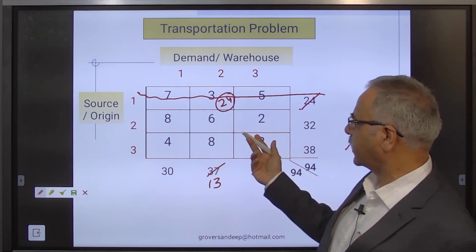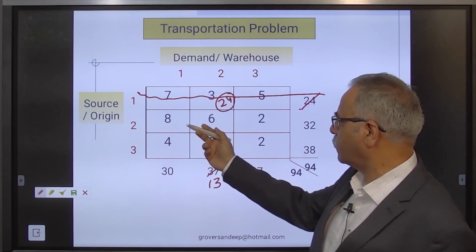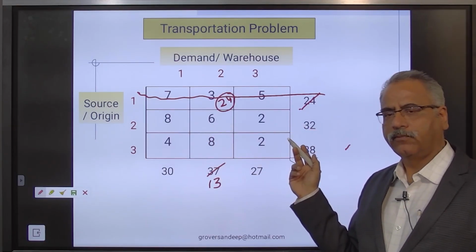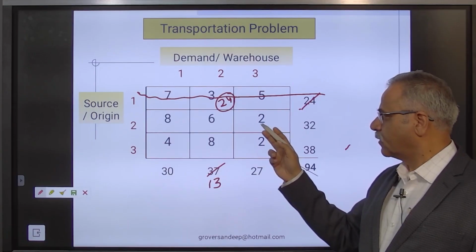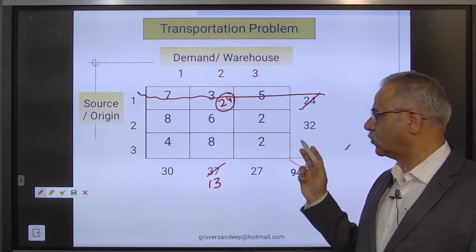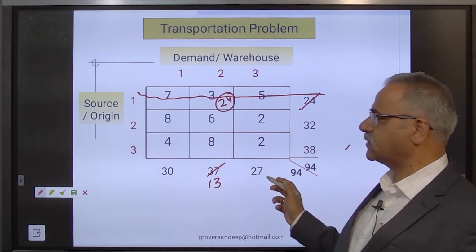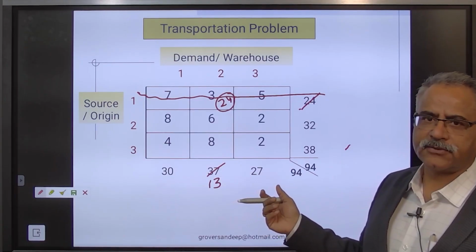When you move on to the second row, here you find the minimum cost is 2. So, how much can you allocate here? The capacity of this plant is 32 and the capacity of the warehouse is 27. So, you cannot allocate more than the capacity of the warehouse.